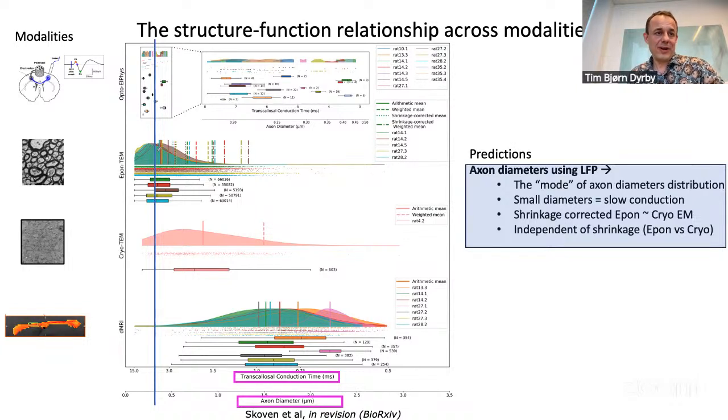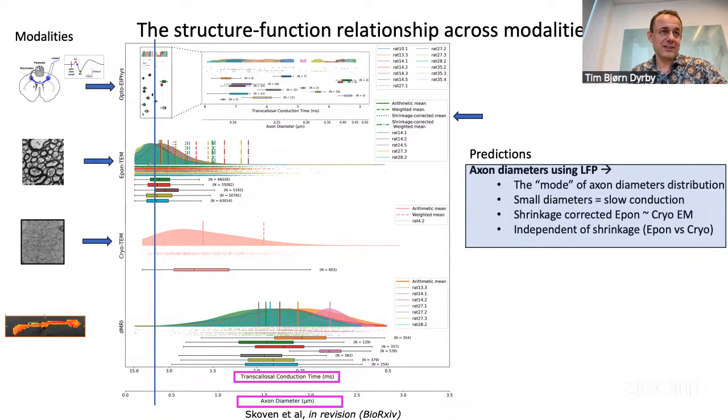When we start to compare here, we can also see that we have the cryo. We have the peak coming up much later here because we know the cryo is not really affected by shrinkage. So that means it actually predicts that the conduction velocity should have been a bit faster. But this could be because these are accumulated latencies we're measuring here, so there might be some variations.